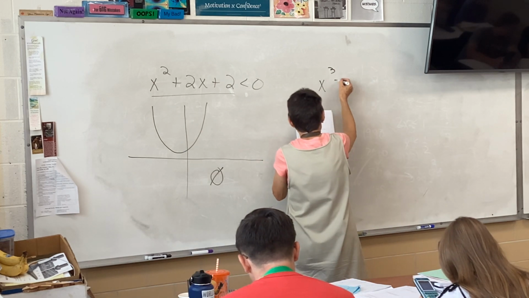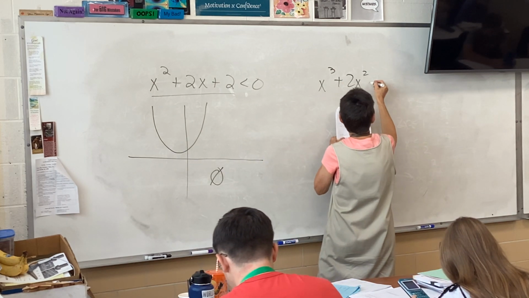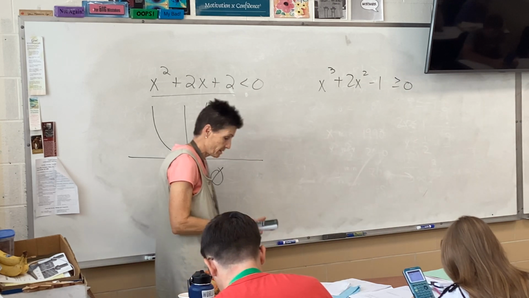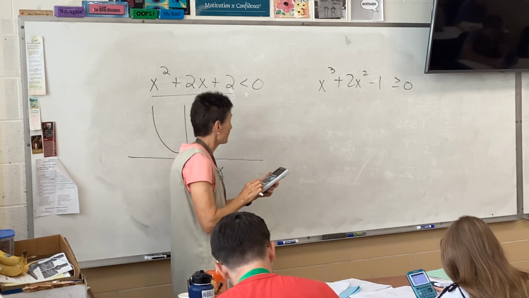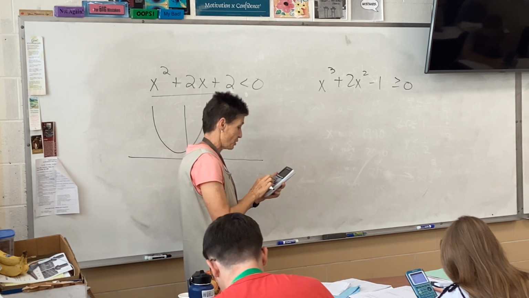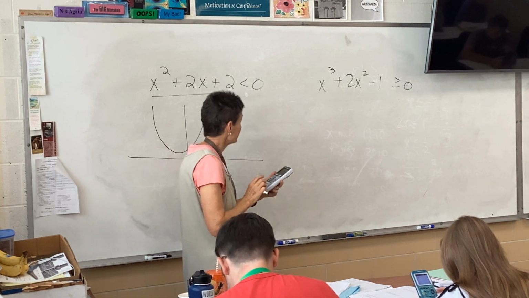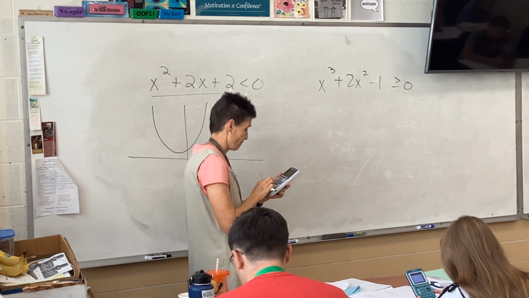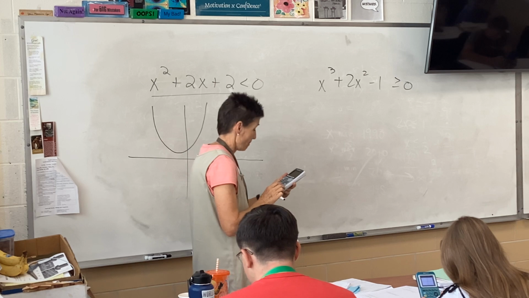All right, same thing here, a little bit bigger equation. But it doesn't matter to the calculator, it can be as big as you want. So x cubed, use your little caret button, x cubed plus 2x squared minus 1.